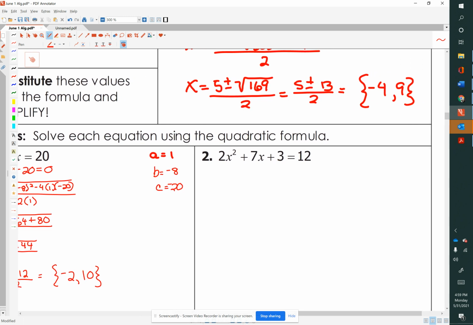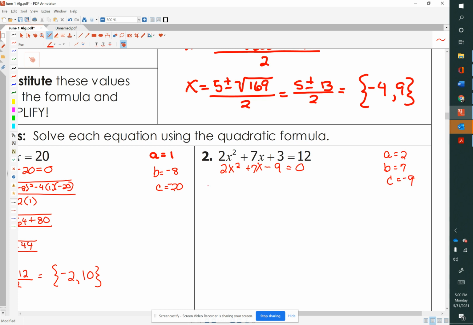Let's rewrite this as equation number 2. We'll rewrite this as 2x squared plus 7x minus 9, because we brought that 12 over, equals 0. So our a value is 2, our b value is 7, and our c value is -9.